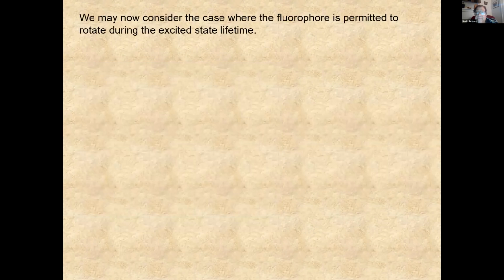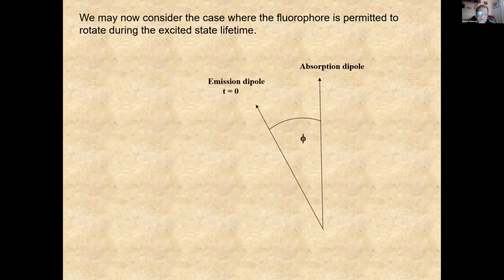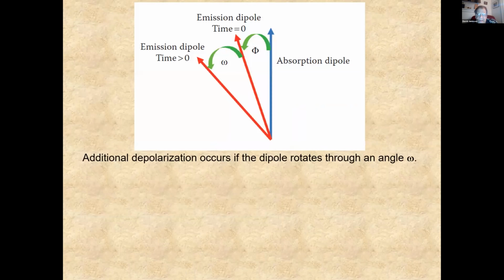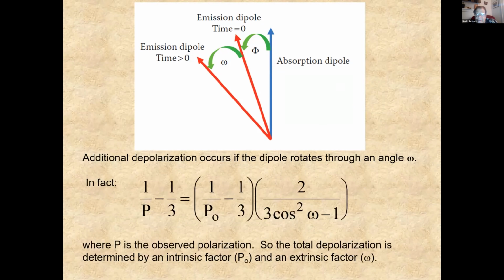Okay, now consider when the fluorophore rotates during the excited state lifetime. So we have an absorption dipole, an emission dipole, but now it's allowed to rotate during the excited state. We go through another angle, basically. So you get additional depolarization when you rotate. And in fact, you get this equation.